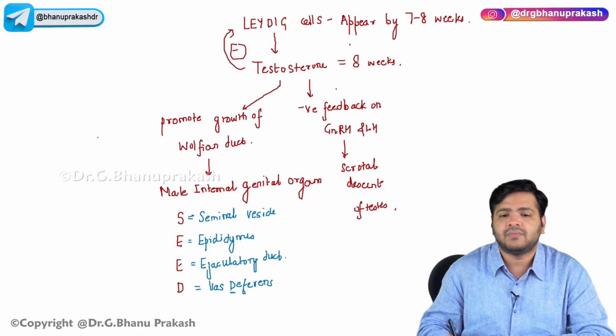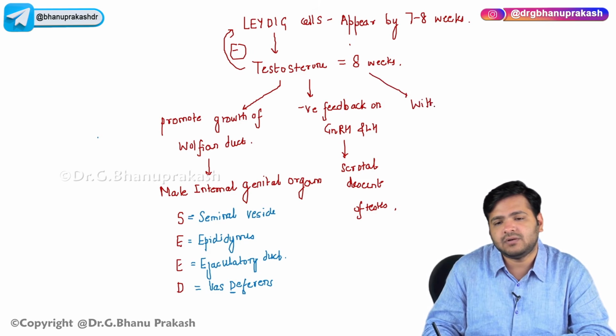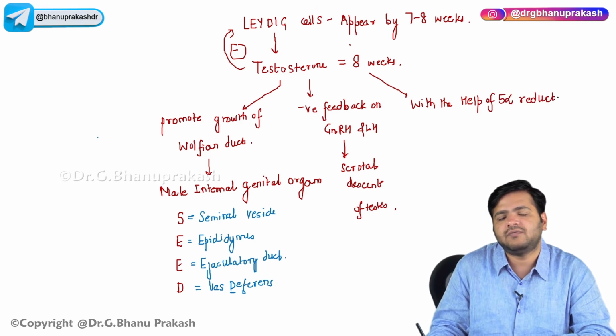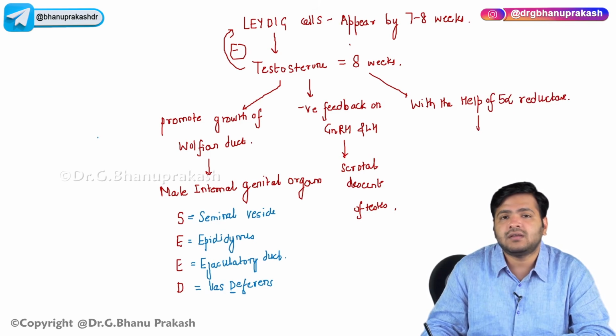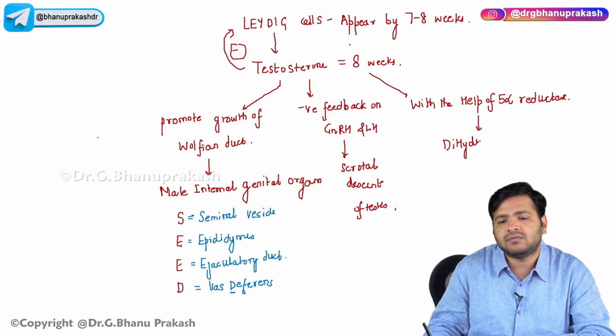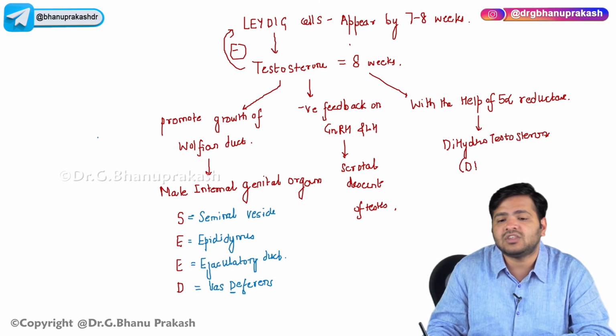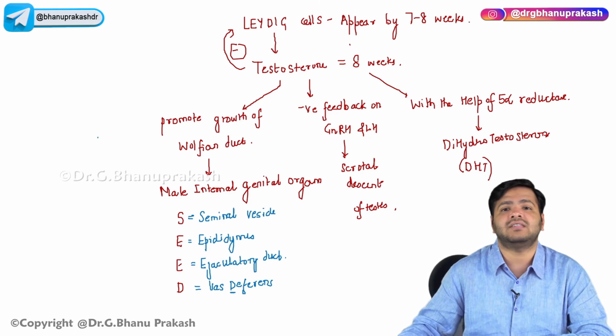And apart from that, remember, with the help of 5-alpha reductase, testosterone will get converted to dihydrotestosterone, also called DHT.